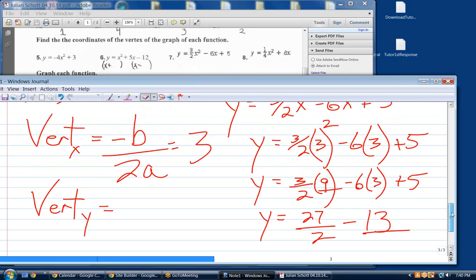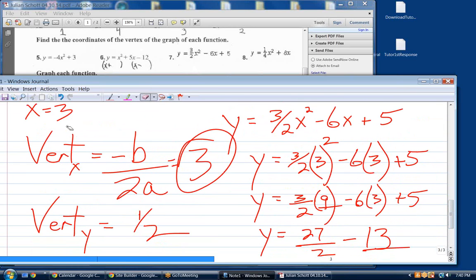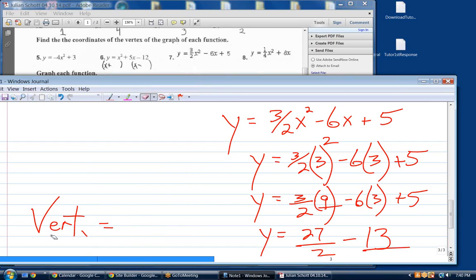All right. So the x-coordinate of the vertex was 3. The y-coordinate of the vertex was 1/2. So let's try to graph that. 3, 1/2.